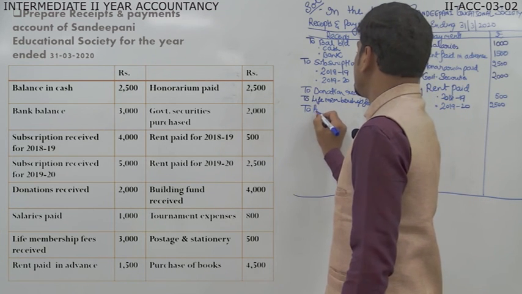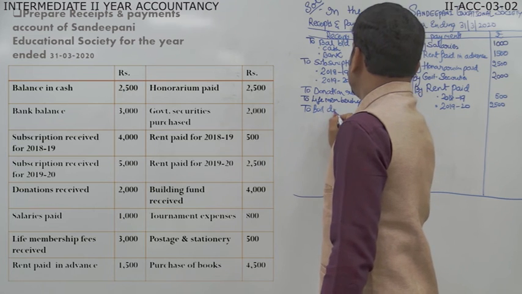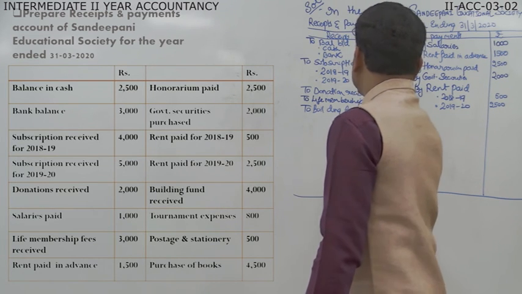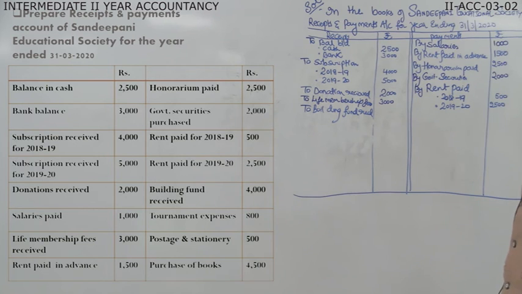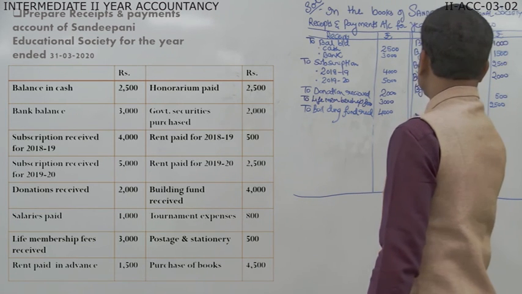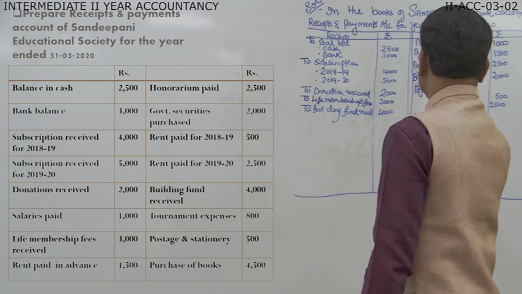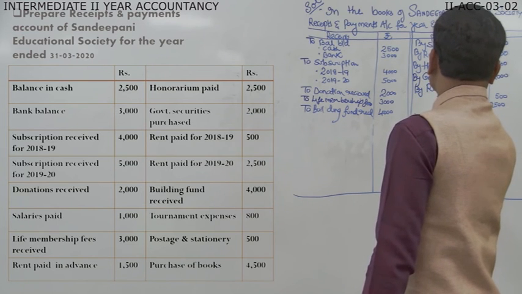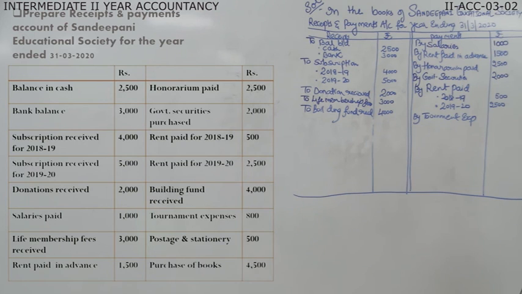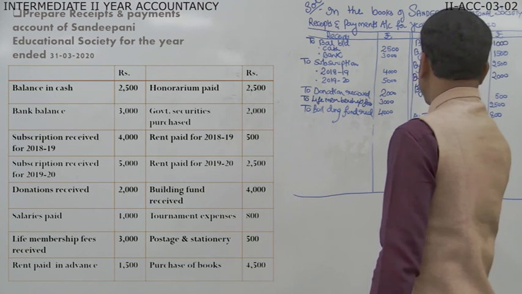Then building fund received. It is a receipt, so to building fund received, 4,000. Then tournament expense is a payment. By tournament expense, rupees 800. Then postage. Postage is an expenditure, so a payment.